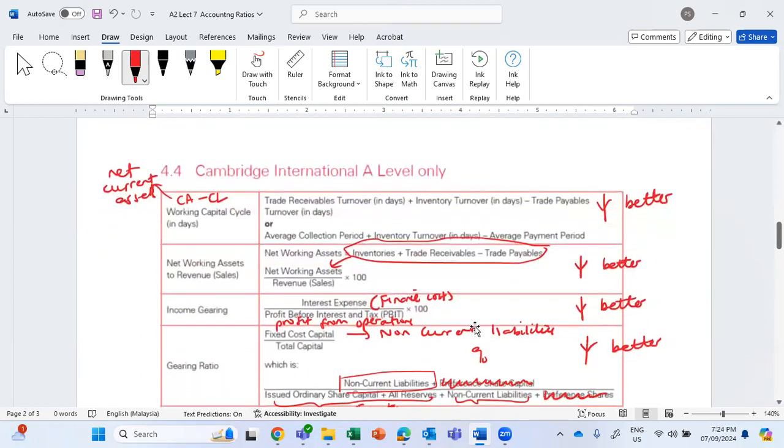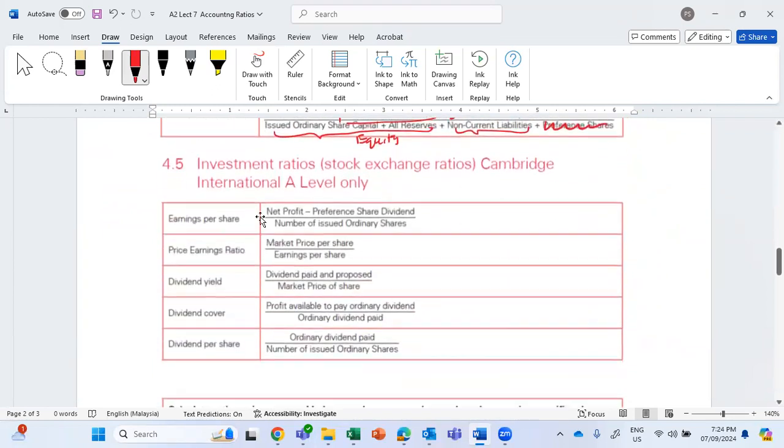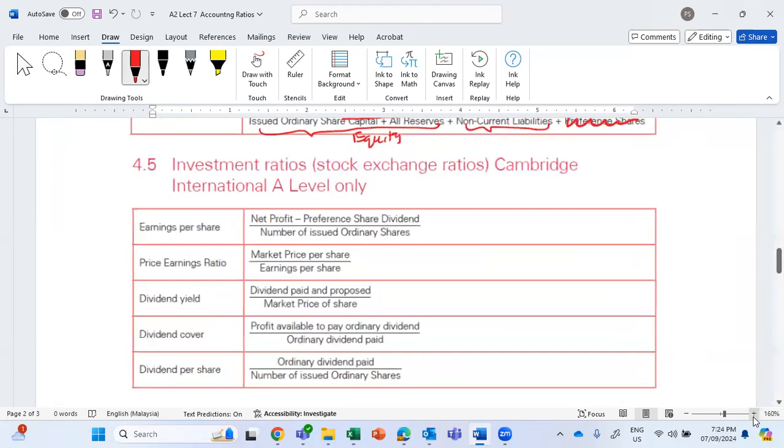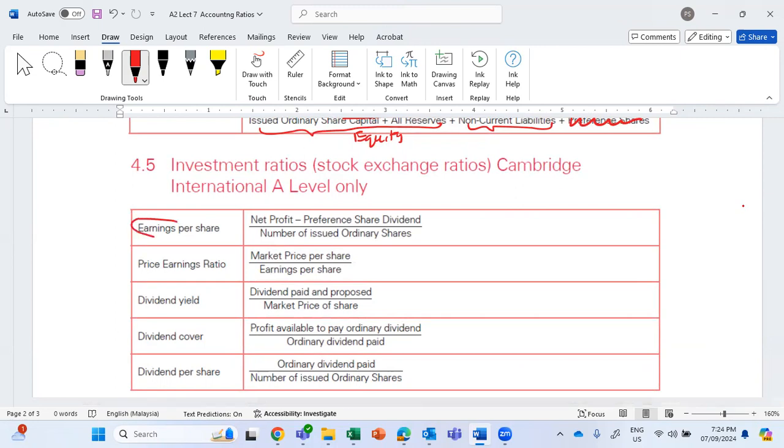Then we have investment ratios. Usually those investors who are in the stock market like to look at all these ratios. So here are the ratios that you have to know. Earnings per share. The word earnings actually refers to profit available for ordinary shareholders.